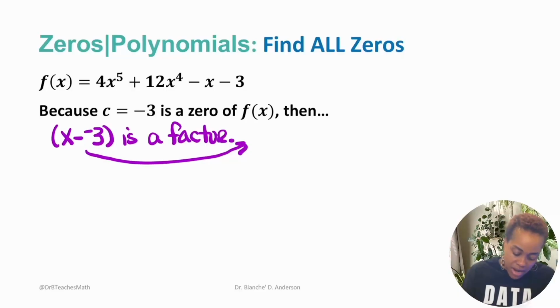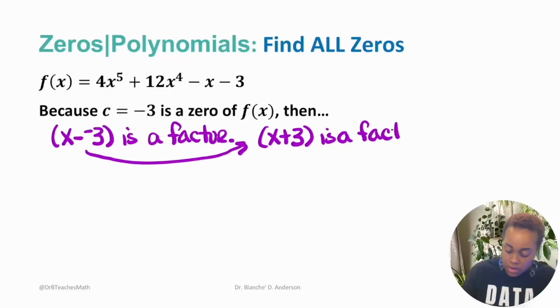Remember, a minus and a negative, you can write it as x plus 3. So that's what it'll look like. Make sure you put it in the format of x minus c first before you convert it, just to avoid any issues. So since x plus 3 is a factor, when we factor this, one of these is going to be in here.